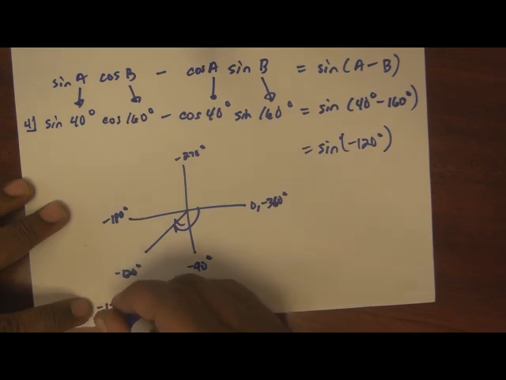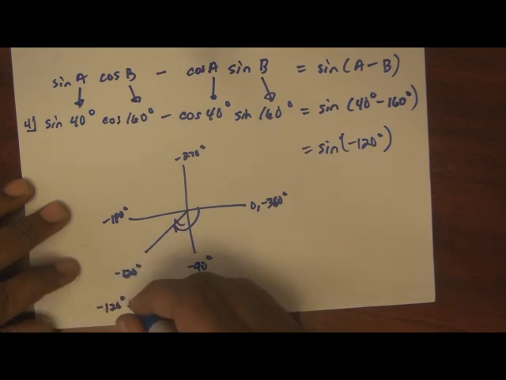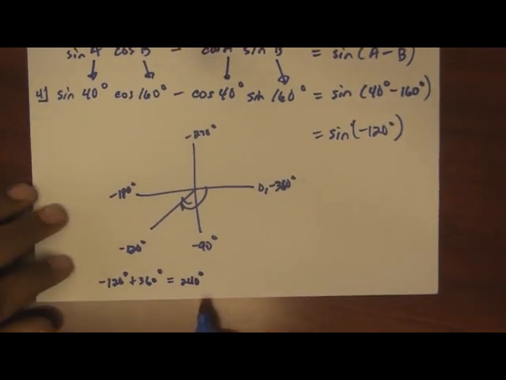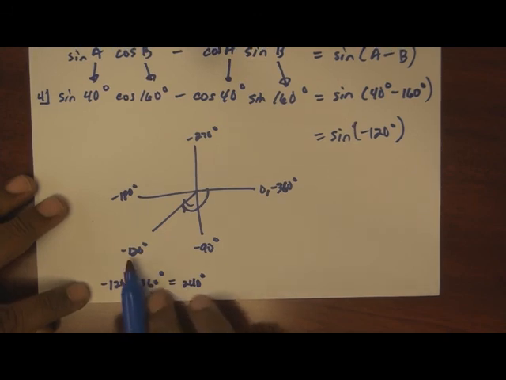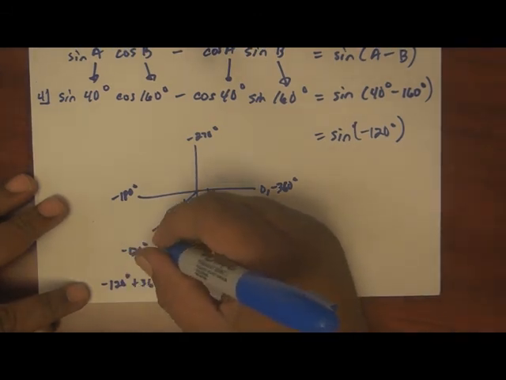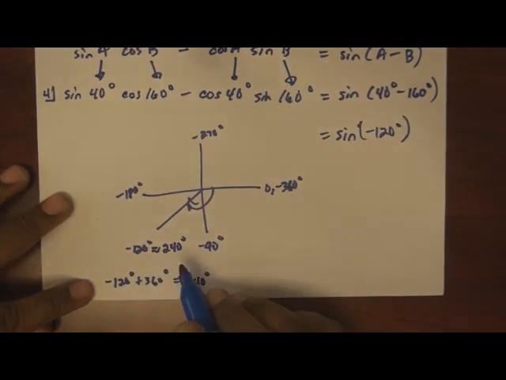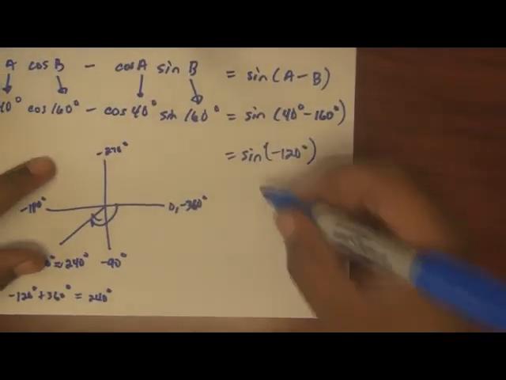Negative 120 plus 360 degrees is equal to a positive 240 degree angle. Therefore, negative 120 degrees and positive 240 degrees are coterminal angles.